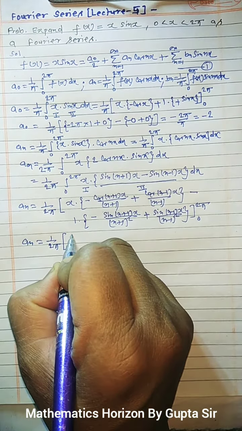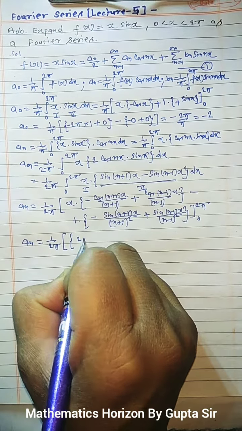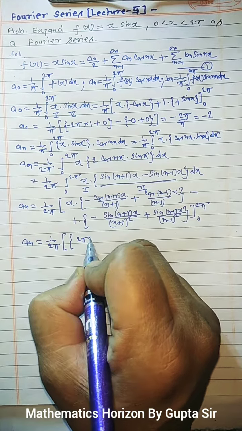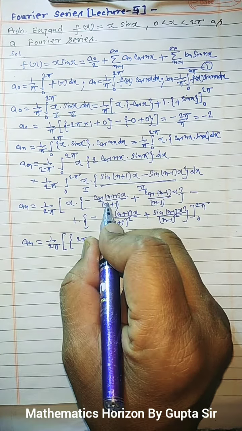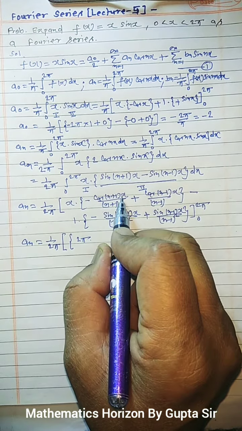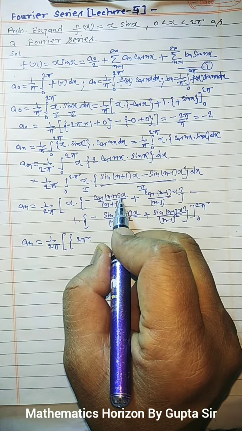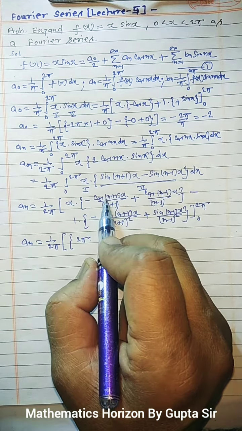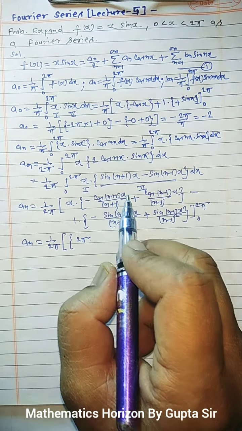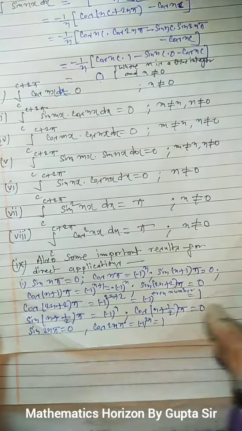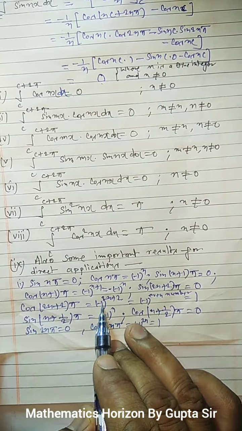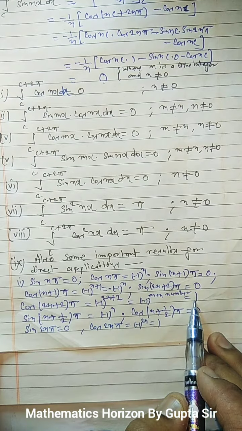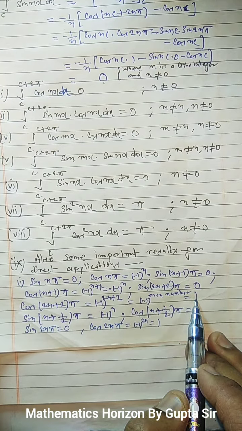Here we have 2 pi into cos (2n plus 2)pi. What is the value of cos (2n plus 2)pi when we put x equal to 2 pi? It is equal to minus 1 to the power 2n plus 2, that is minus 1 to the power of an even number, which is equal to 1. Okay.